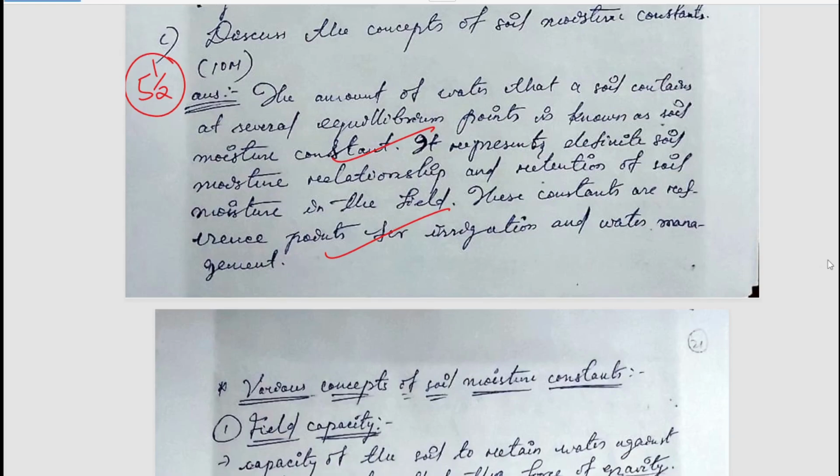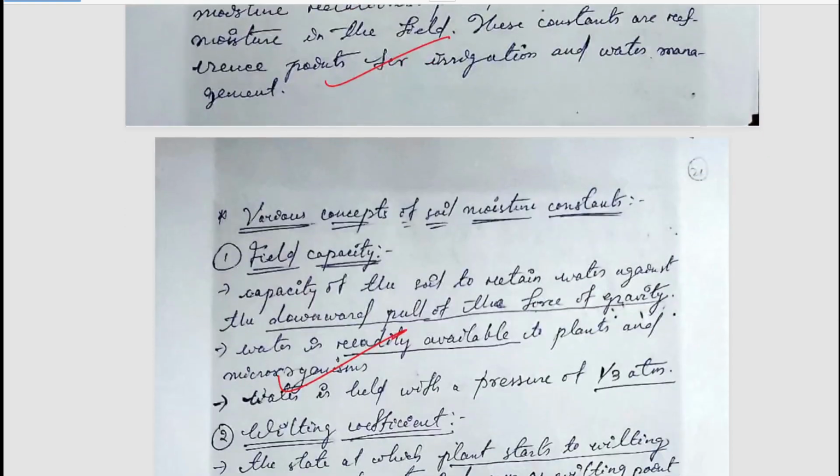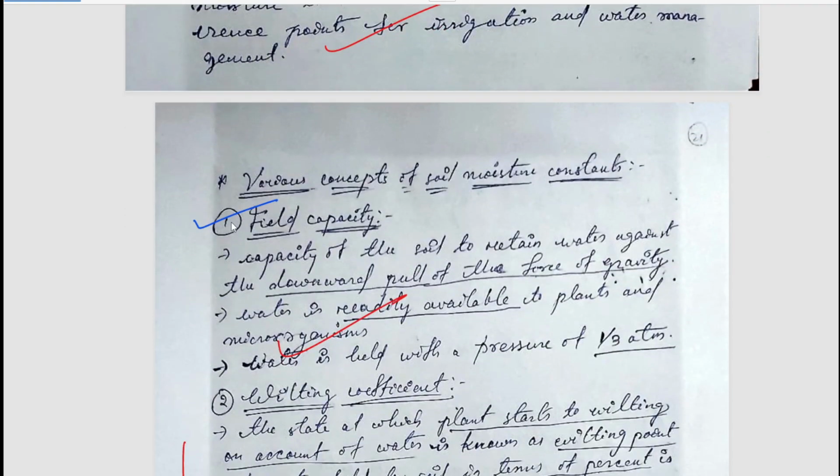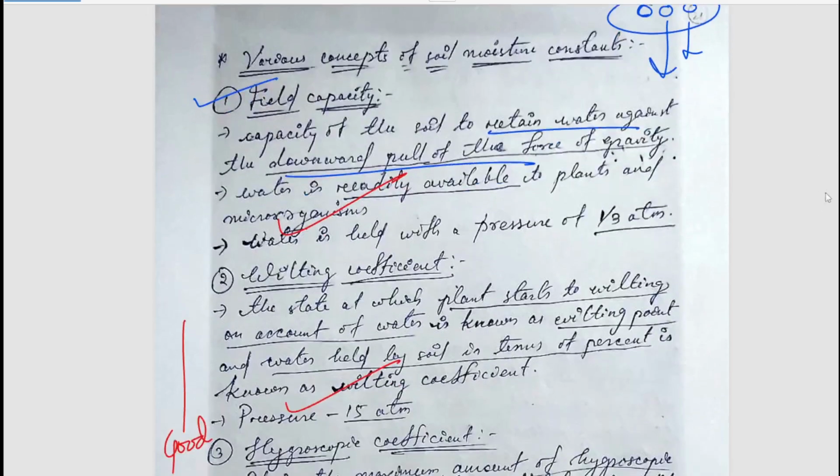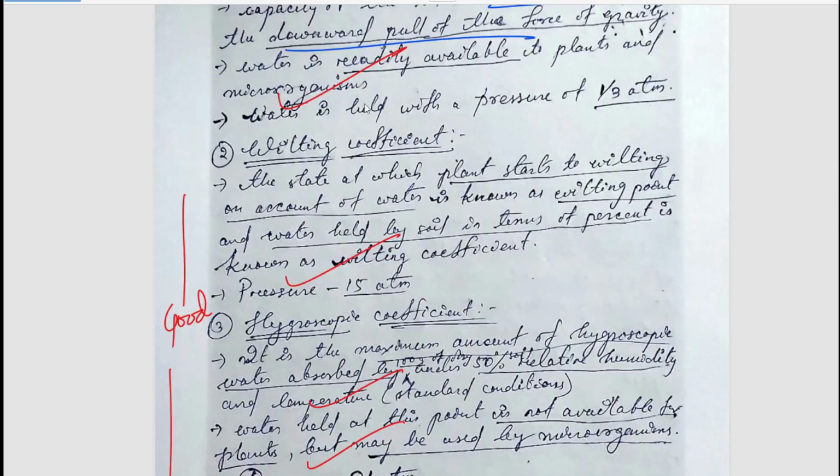The next question is, discuss the concept of soil moisture constants. Various soil moisture constants such as field capacity, that is present in the field, that is the capacity of soil to retain water against the downward pull. The gravity pull is there and still the field is retaining water, that is field capacity. Then we have wilting coefficient.